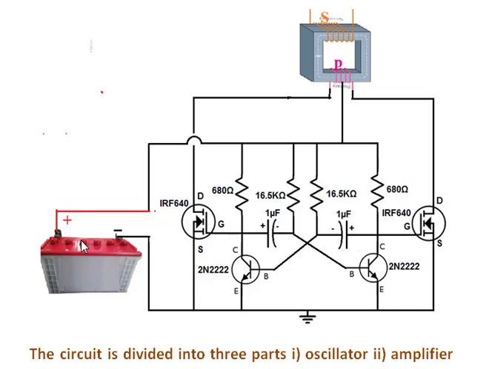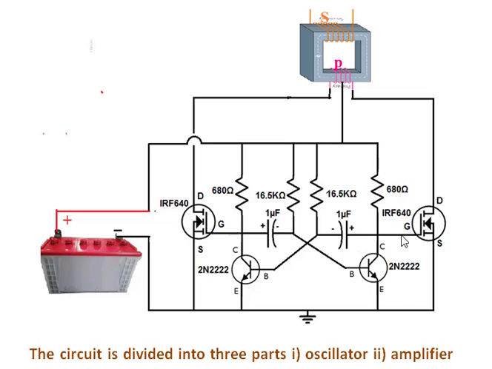Here the DC voltage is supplied by the battery. This DC voltage already stored in the battery is supplied to the astable multivibrator, which generates a continuous square wave.